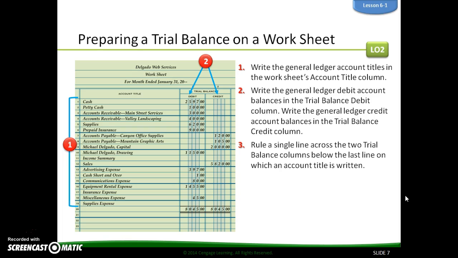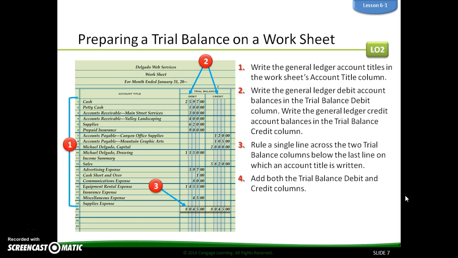Then we're going to rule a single line across the two trial balance columns below the last line where we have anything written. The last line that we have here is line 19. It says supplies expense. We're going to put a single rule below the supplies expense. And then we're going to add up all of our debits, and then add up all of our credits.